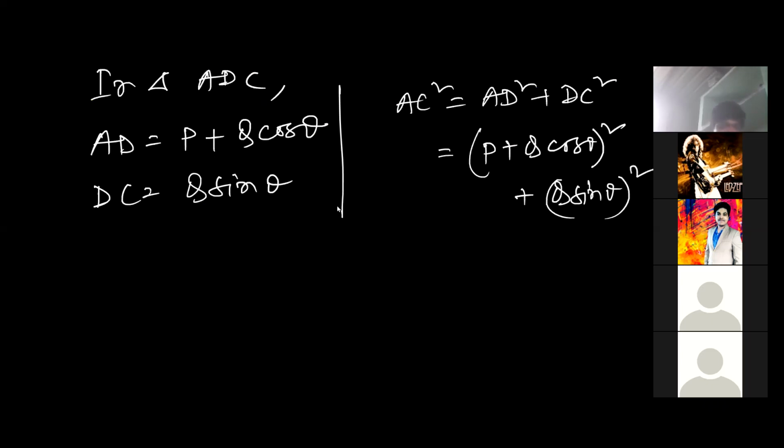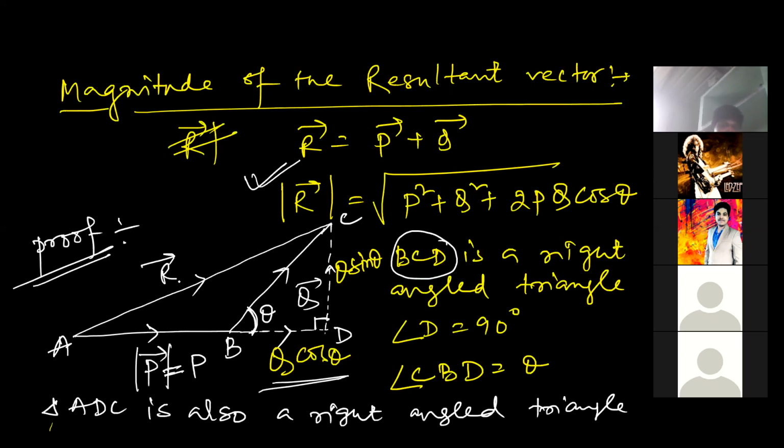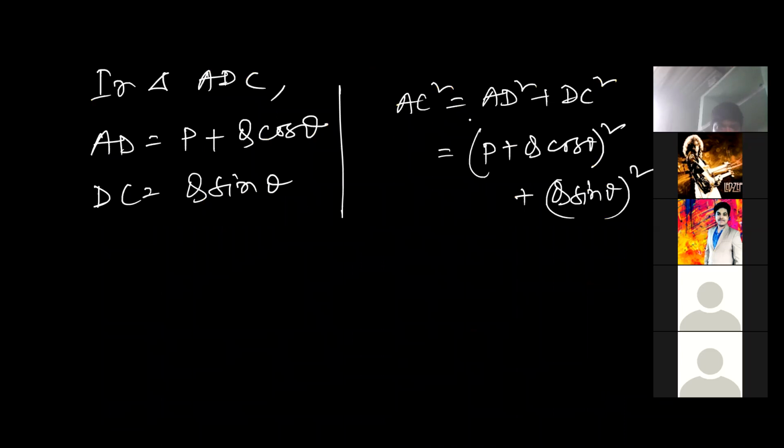AC is actually the resultant component, right? In this case, whenever you are writing with the help of the Pythagoras theorem, only the magnitude will be considered. So I am taking the modulus of the R vector and it is equal to R only. Okay. So AC square is actually R square.